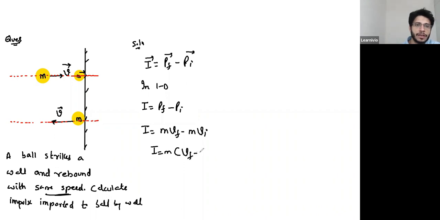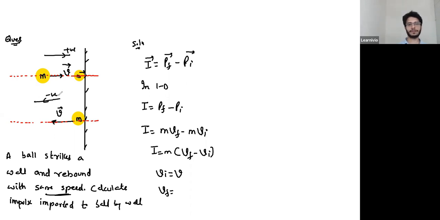This will be final velocity minus initial velocity. Next, you can write your initial velocity Vi as V. If I consider this direction as positive, then the final velocity has to be negative.